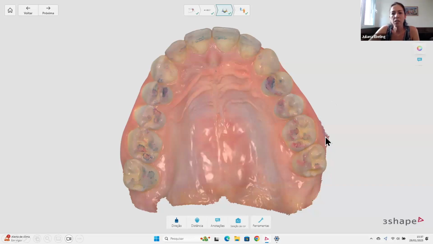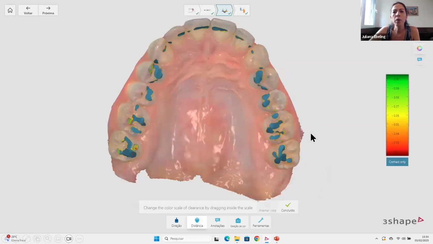And what took my attention on this patient is that the contacts are very large. It's not the pattern that our brain was trained for the ideal contacts. Now we expect more punctual contacts here and punctual contact here.